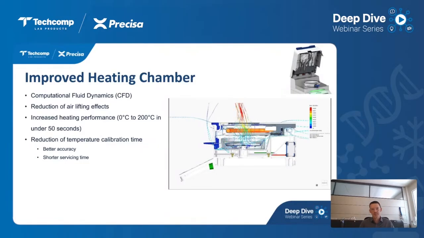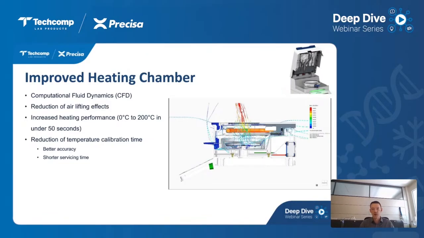Here, the shape and the behavior have been tested even before the prototype was realized. So this already gave us an idea how the final shape should look. We can see here on the top, there is quite a fast air movement, whereas at the bottom there is a slower air movement.